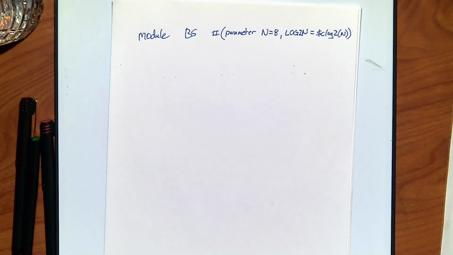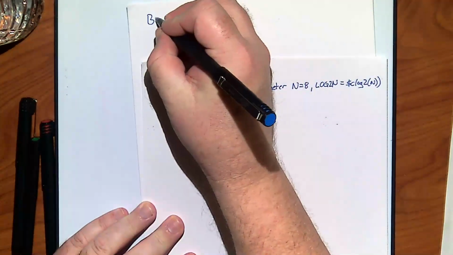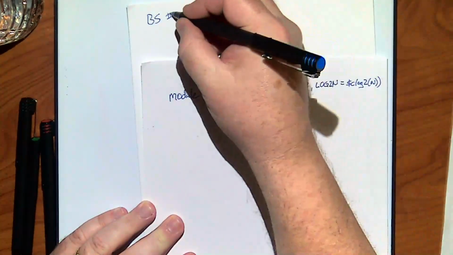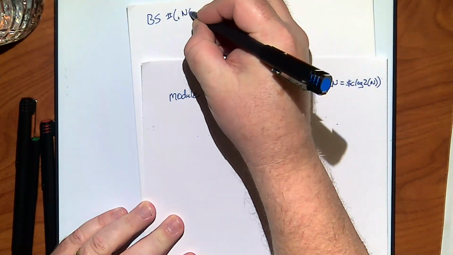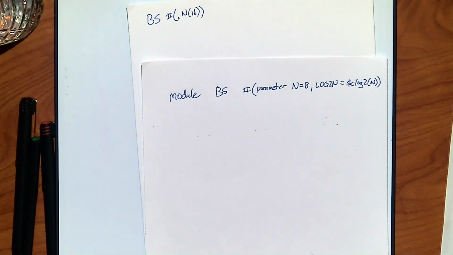So when you make an instance of the module, I would tell it BS, and I'd have to say hashtag and then dot N, and I could say 16. Because remember, with the BS and this arrangement, that completely specifies what you want to build.